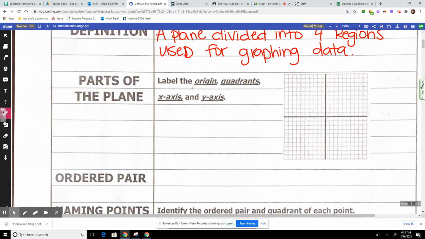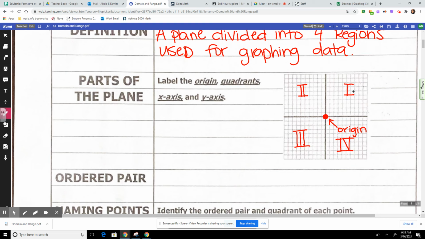So parts of the plane, you have the origin. The origin is right here in the center. This point in which the X and Y axis intersect right in the middle is the origin. Then you have the quadrants. The quadrants are quadrant 1, top right quadrant, quadrant 2, top left quadrant, quadrant 3, bottom left quadrant, and quadrant 4, bottom right quadrant. It's a little odd how they number these, but those are the four quadrants, 1, 2, 3, 4.